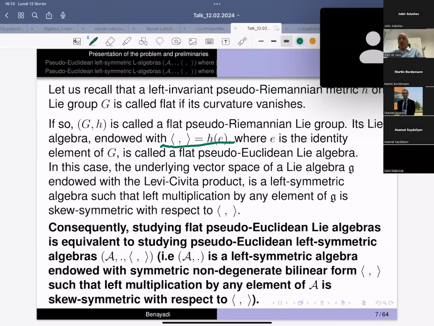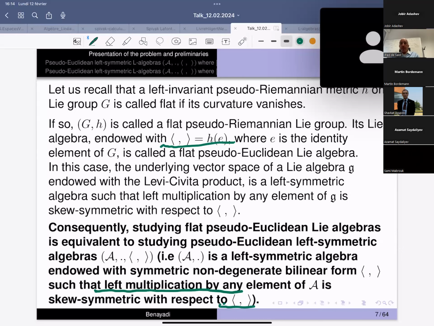Consequently, studying flat pseudo-Euclidean Lie algebras is equivalent to studying pseudo-Euclidean left-symmetric algebras, with a symmetric non-degenerate bilinear form such that left multiplication in this left-symmetric algebra is skew-symmetric with respect to this product.